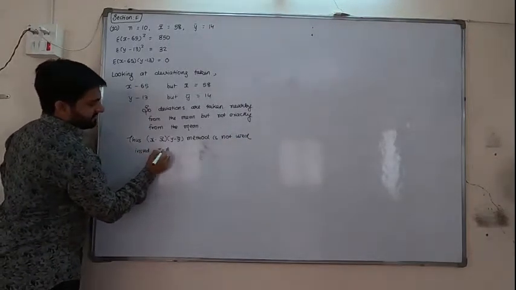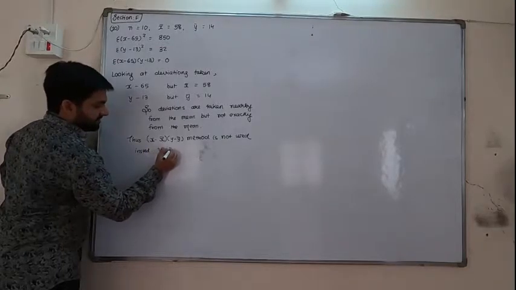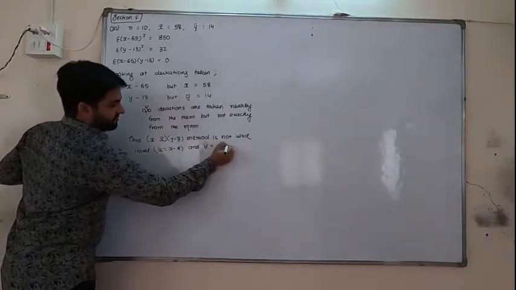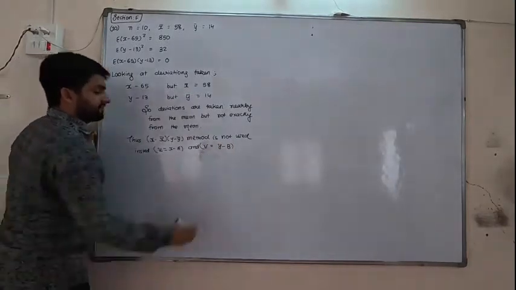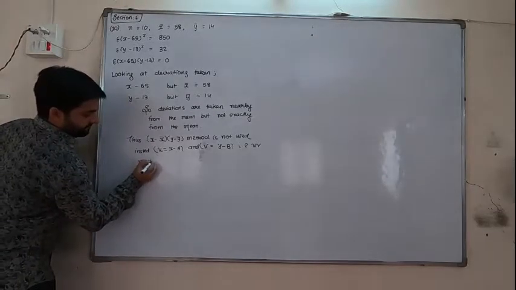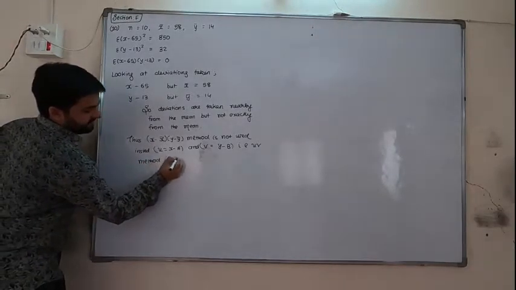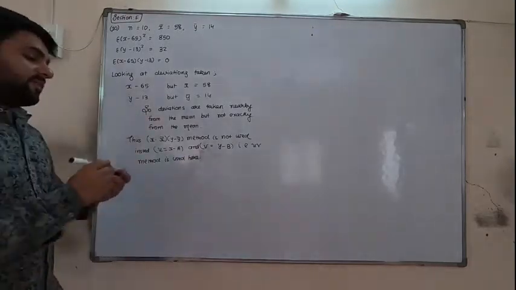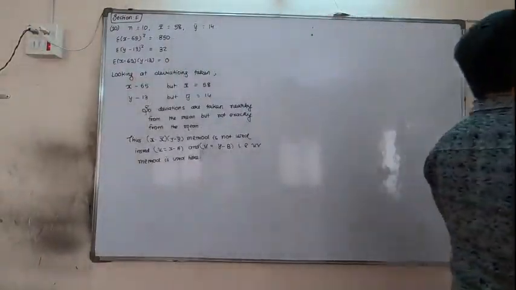Instead, u is equal to x minus a and v is equal to y minus b. That is, the uv method is used. So this you have to understand. You don't have to write this in the exam.